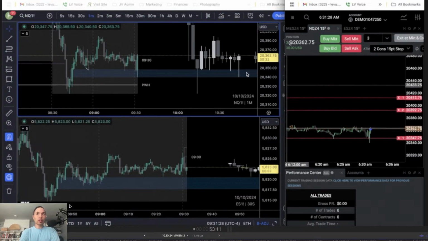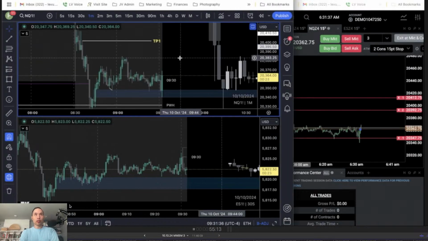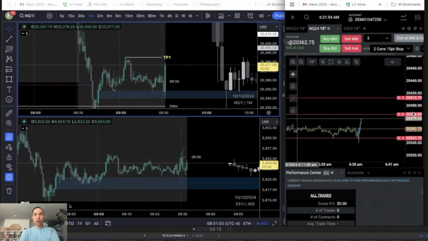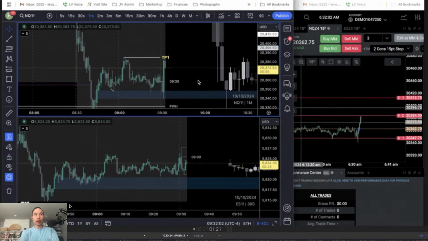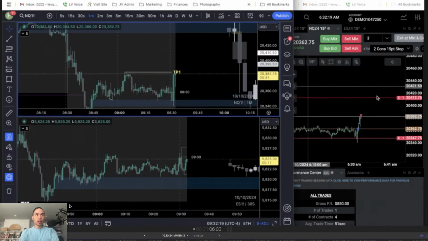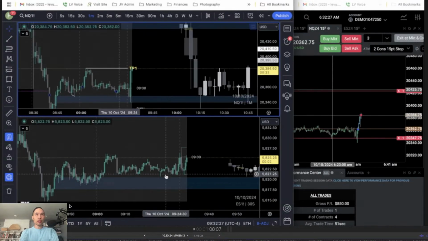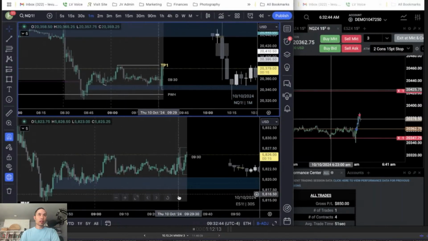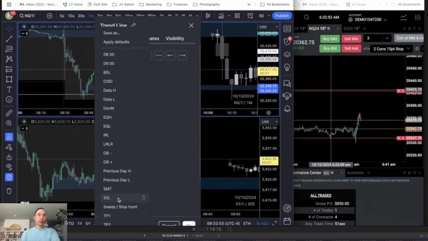So I see the SMT, so I get in long on a 15-second breaker, and then it hits my TP right away. I moved my TP down to that internal liquidity. Didn't hit because of that civvy that's resting right here, that 1 minute civvy.